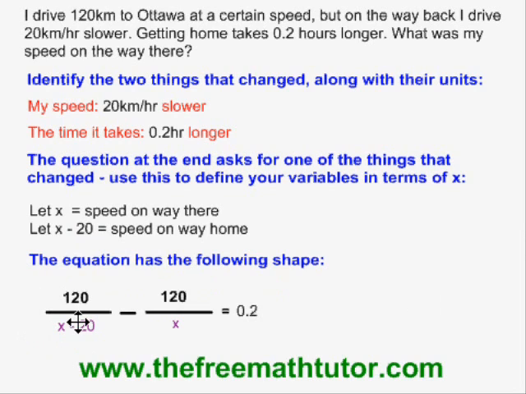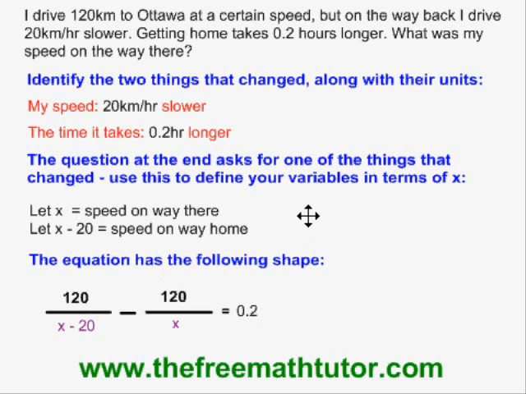Distance divided by speed equals time in hours. Whenever I am building my equation in this way, if I have defined my variables so that I have x and x minus something, the x minus something binomial will go in the first fraction. This equation will solve our problem. It has a number of hours minus another number of hours equals the difference in the time it took.